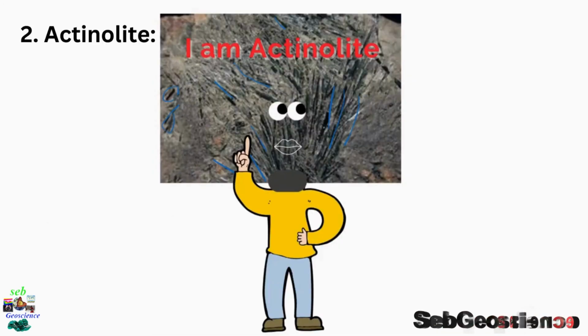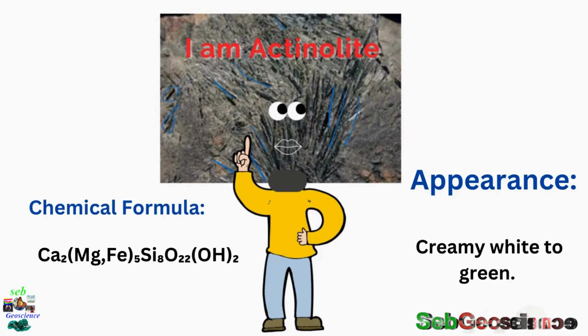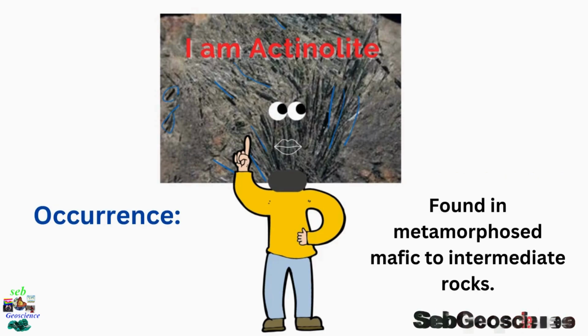The second amphibole group mineral is Actinolite. Its chemical formula is the one we have seen here. The appearance is creamy white or green. It occurs in metamorphosed mafic to intermediate rocks.